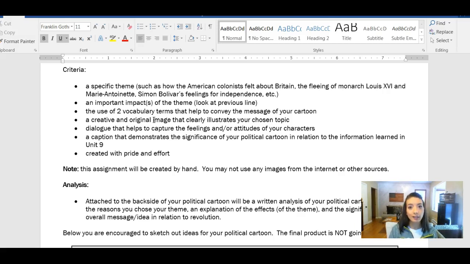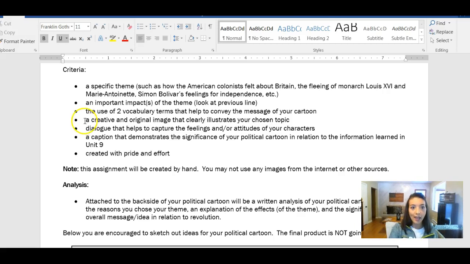Now I do have some examples to show you of how you can incorporate two vocab terms in the cartoon itself. Some of you may put it, say, on a person's briefcase. Maybe the term is written across somebody's hat. Maybe they're waving a flag and the term is incorporated somewhere in the flag. So there are lots of different ways in which vocabulary terms can be molded into whatever it is that you create in your cartoon.